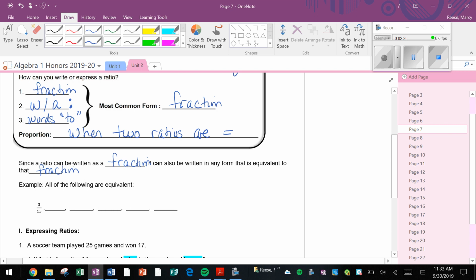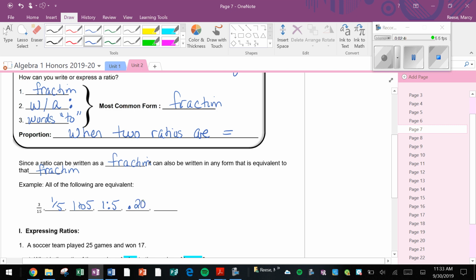So for example, 3/15. Another way to write this would be reduced, which would be 1/5, or 1:5, or 0.2.